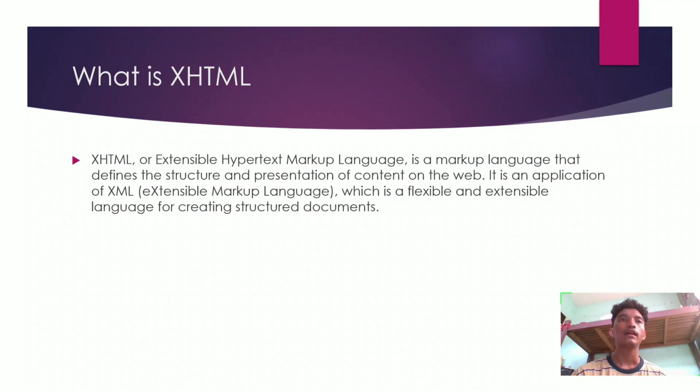XHTML, or Extensible Hypertext Markup Language, is a markup language that defines the structure and presentation of content on the web. It is an application of XML, or Extensible Markup Language, which is a flexible and extensible language for creating structured documents.